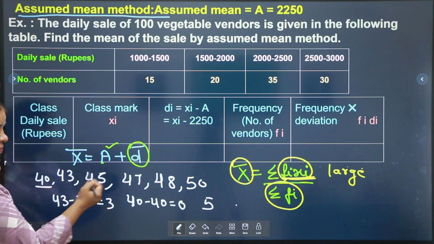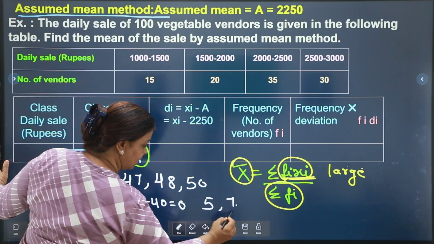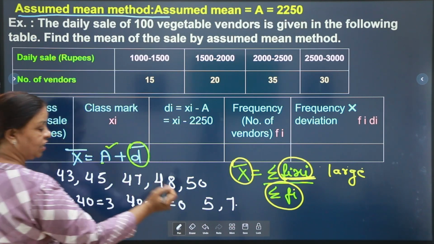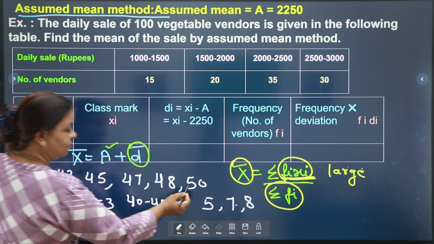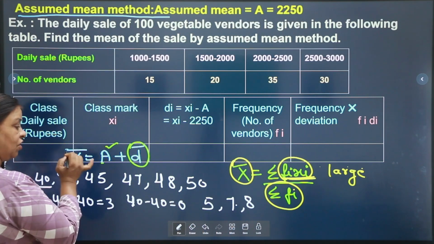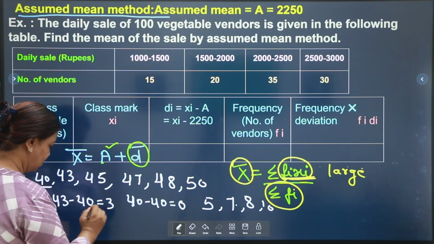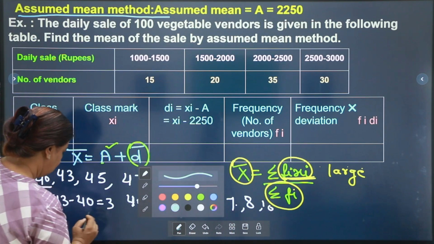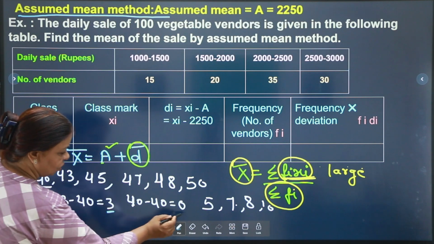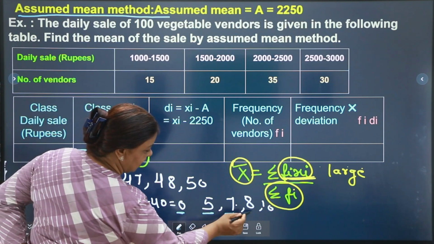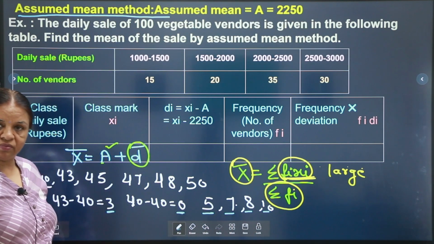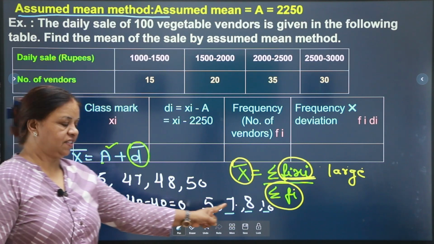From 47 I subtract 40, I get 7. From 48 I get 8. From 50 I subtract 40, I get 10. So these numbers, 3, 0, 5, 7, 8 and 10, are what I got, and these are the deviations.